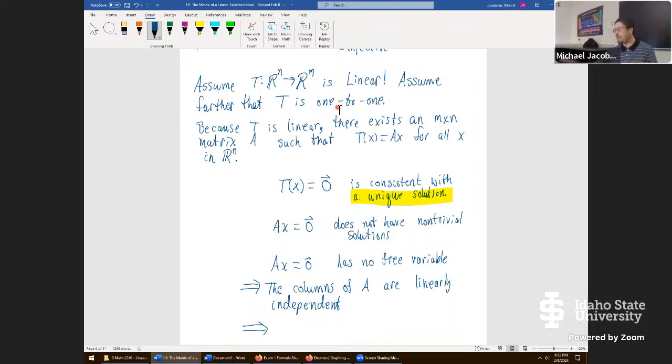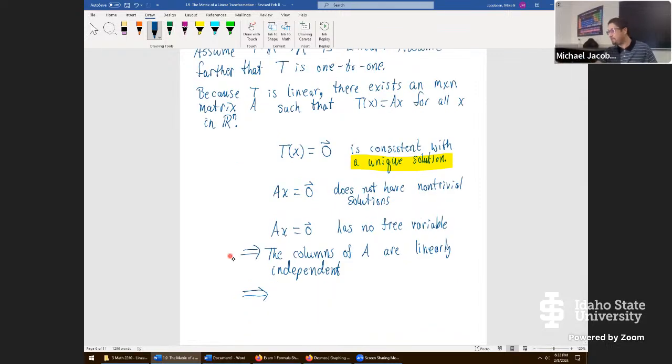Over here, we're going to say columns are linearly independent if and only if there's a pivot in every column. That's our related concept. And we'll box out this statement. We'll say, therefore, there is a pivot in every column of A. And let's make that pop a little bit more, since it's very important to get rows and columns the right direction.